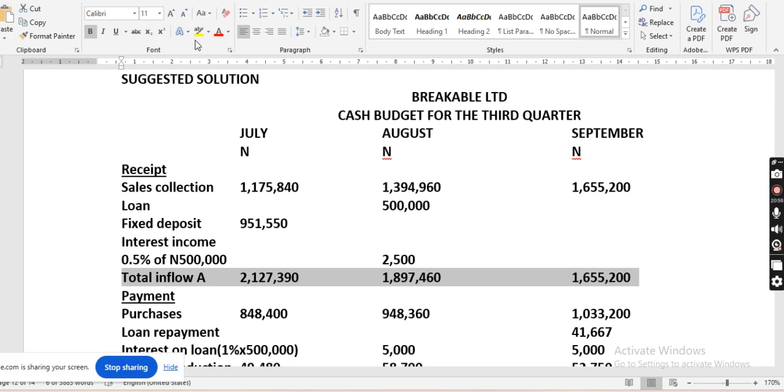Class, this is your inflow, right? Your inflow includes probably you dispose an asset, you borrow money, you take a loan. Apart from your sales collection and receivables, probably you make a big fixed deposit, you receive interest on your deposit, and so on.